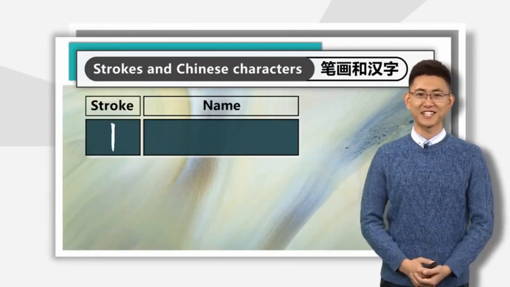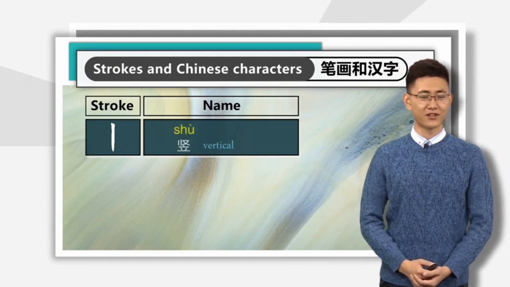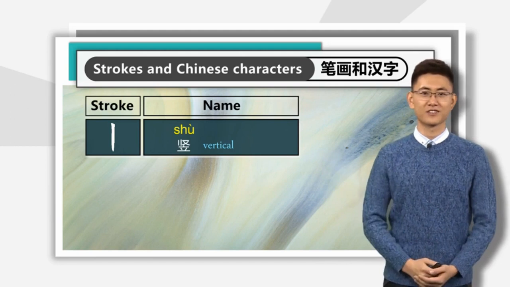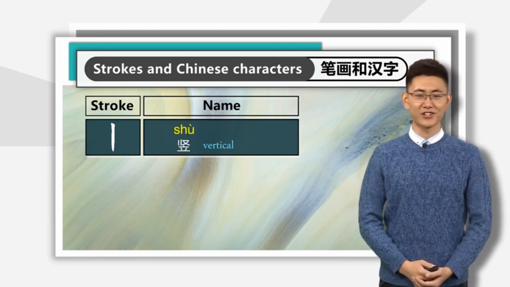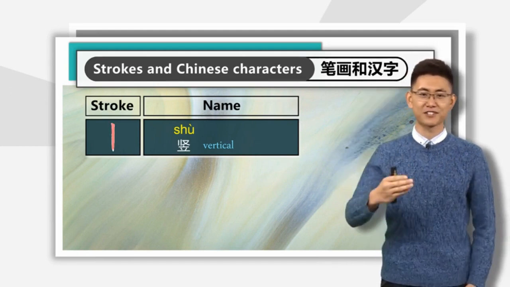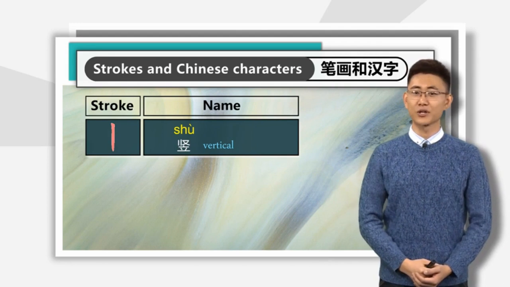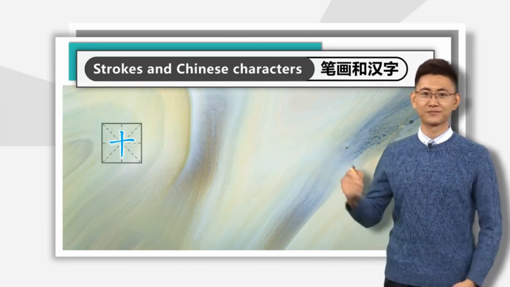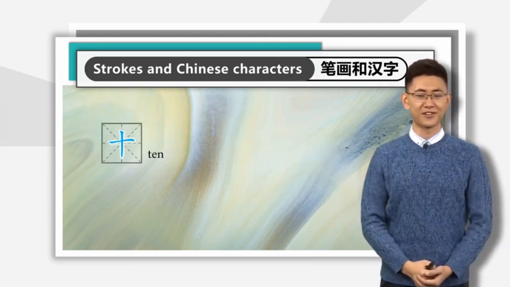Now, let's look at the second stroke. It is vertical. In Chinese, it is called 竖. When writing this stroke, you should write from top to bottom. And a horizontal and a vertical can make a new Chinese character. Look at the picture. It means 10.